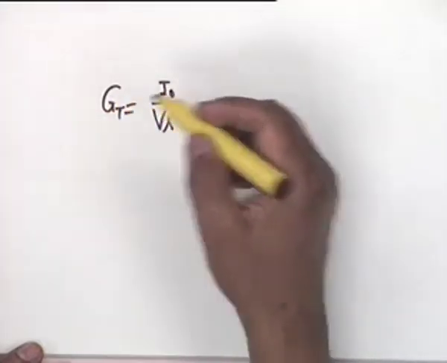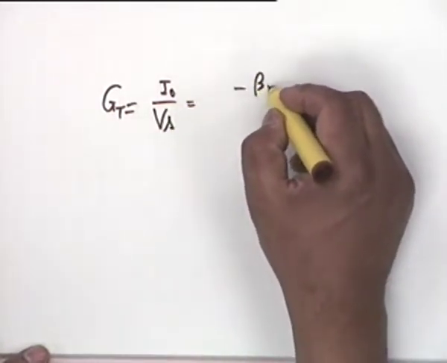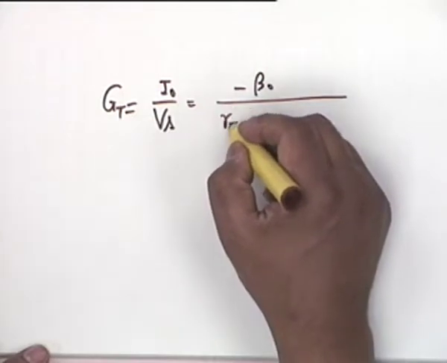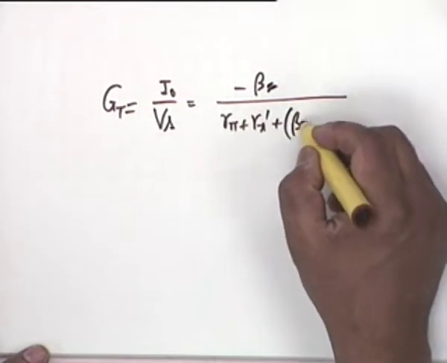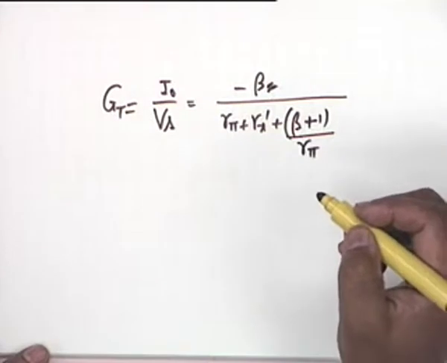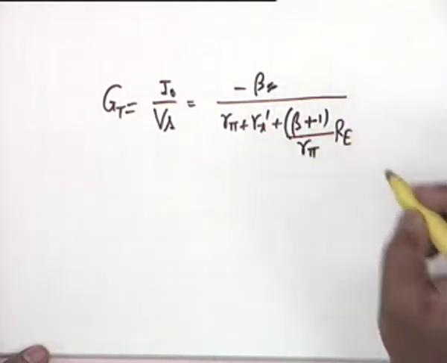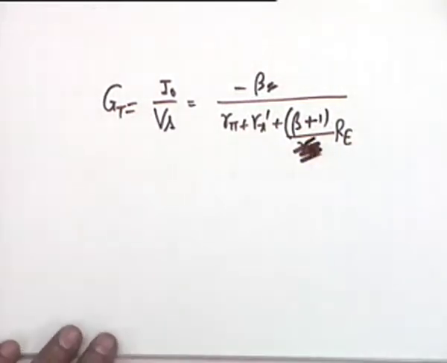So GT is equal to minus beta 0 divided by R pi plus Rx prime plus beta plus 1 Re. No division by R pi. If it was divided by R pi, it would not have been dimensionally correct. Okay? Alright, so do correct me.